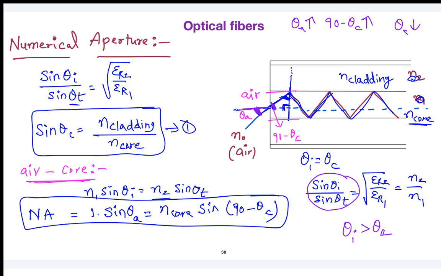Are you getting my point? What I'm saying is, if the angle of incidence is more than this acceptance angle, your 90 minus theta c is going to increase, and accordingly your theta c will come down. If it is coming down below the critical angle, will you have total internal reflection? No, sir. So what is the maximum input that can enter here?